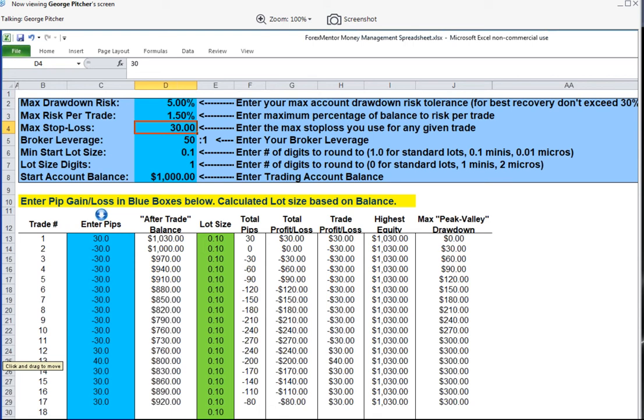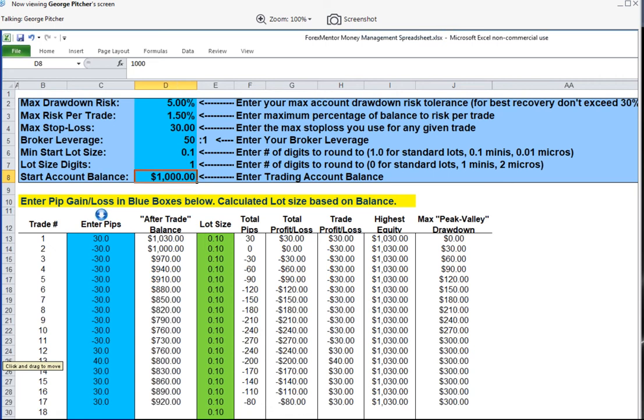Now your stop loss, I like to trade daily charts and 4-hour charts, so my stop loss is going to be higher than the 30 pips. But I use a 51 brokerage in my case. I know Lennox uses a much higher number. I like to use a mini lot size because it gives me a lot more flexibility.